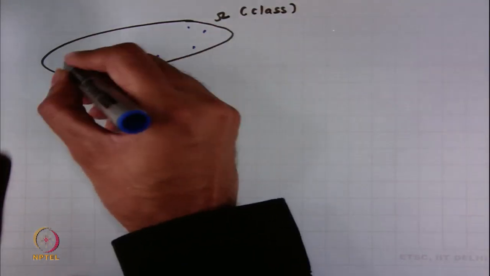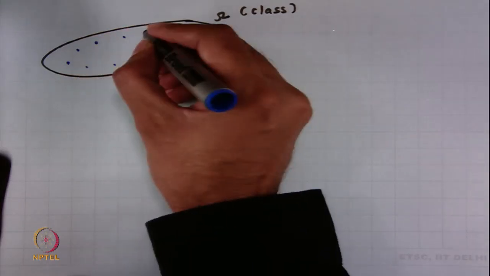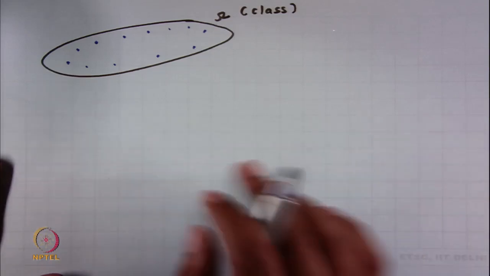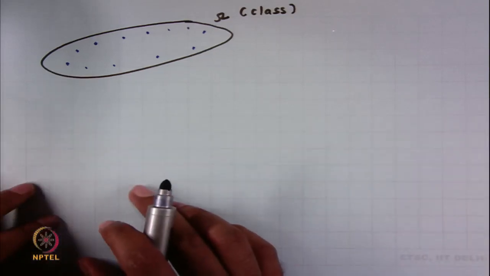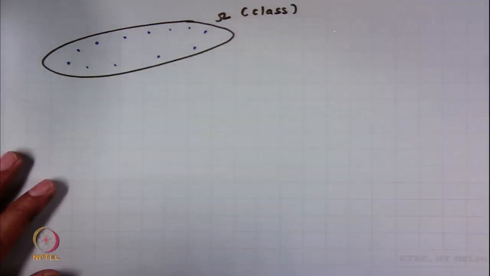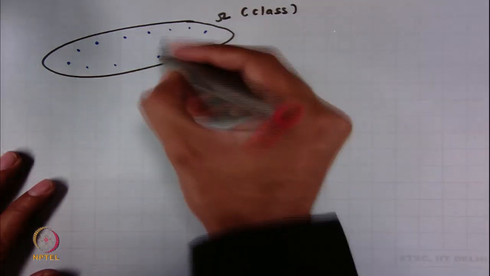In a class you have several students and all these students are the elements of this sample space. Now, do a random experiment, right. The random experiment is that I randomly select one of the students.